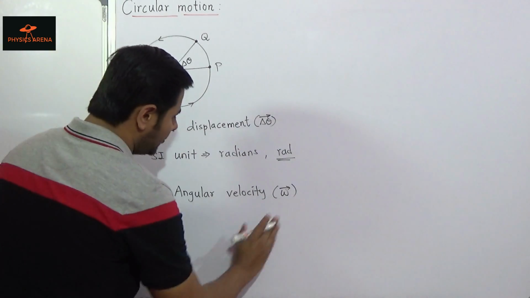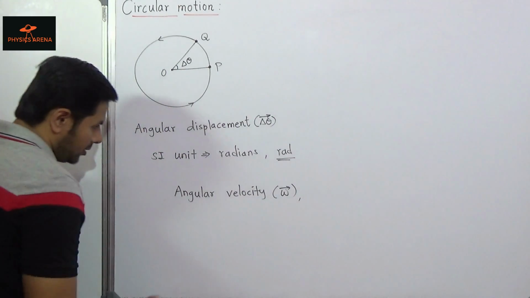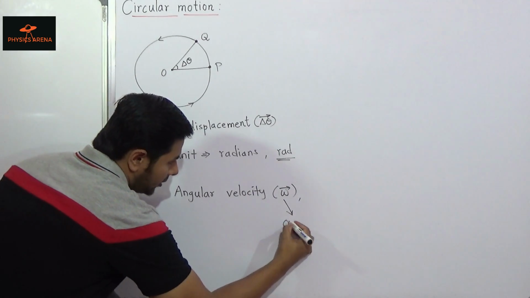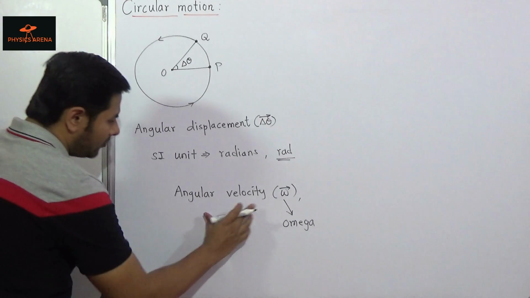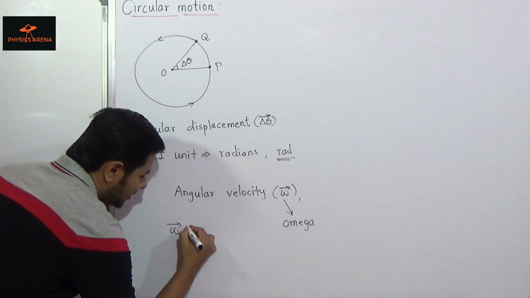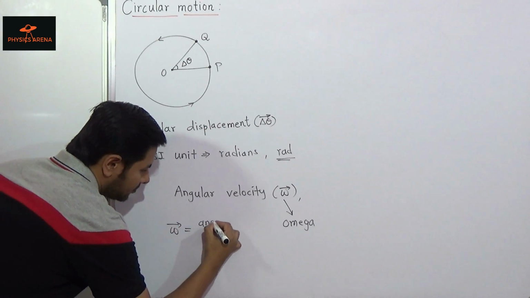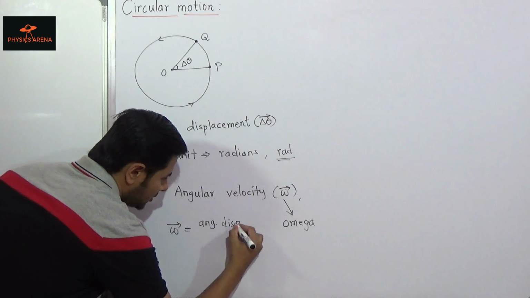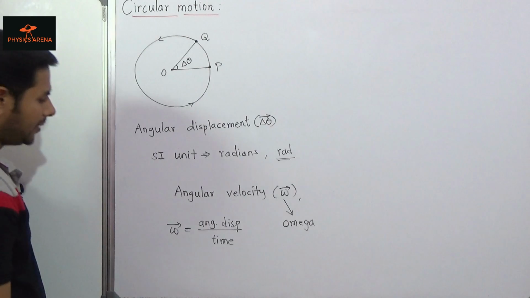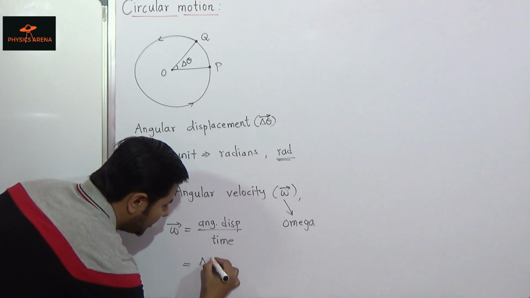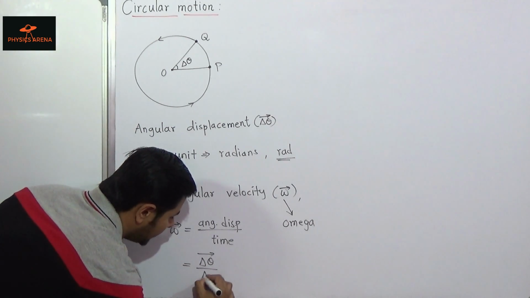It looks like W. This is called omega. So angular velocity is angular displacement divided by time. So it is delta theta over delta t.